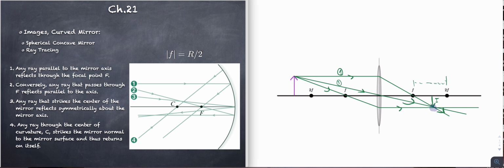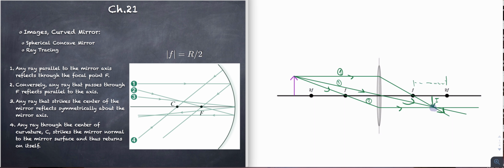We don't really need to worry about 4 because we're not in a mirror, we're using a lens. But 4 would basically mean that you would have to replace C with 2F, which is not very applicable for lenses. So all you need to worry about for lenses is 1, 2, and 3, which we see here.